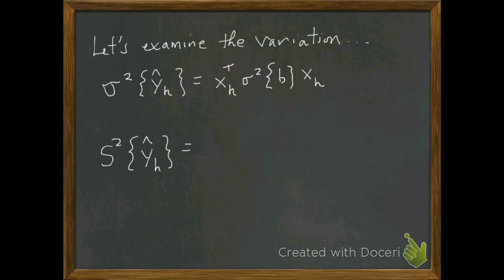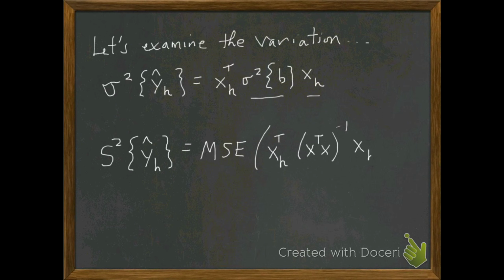It is going to be our mean square error times our X_h transpose times, this bar right here is going to be our X transpose X inverse, times X_h. That is going to be this. Yes, okay, perfect.